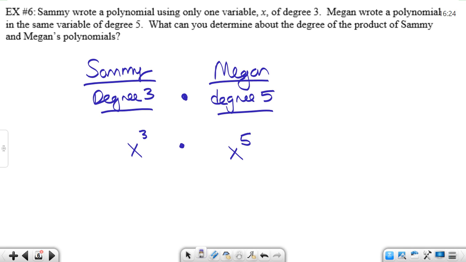This thought process helps us understand the degree of the new polynomial, because what we're going to do is add the exponents together, leaving us with x to the 8th. So our new polynomial is going to be of the 8th degree.